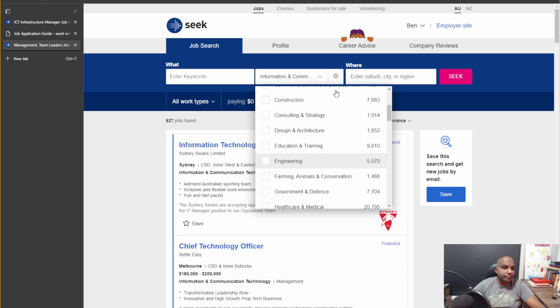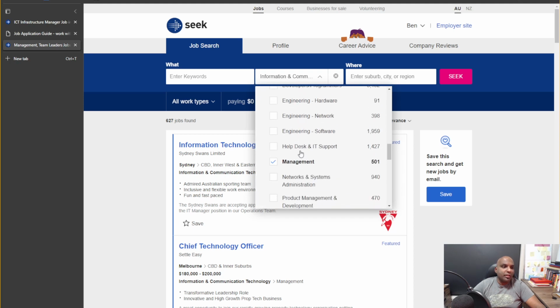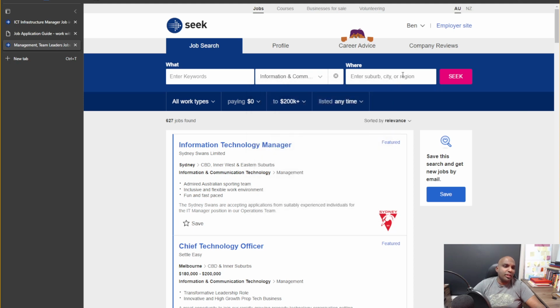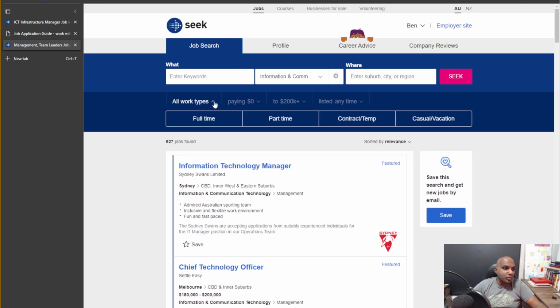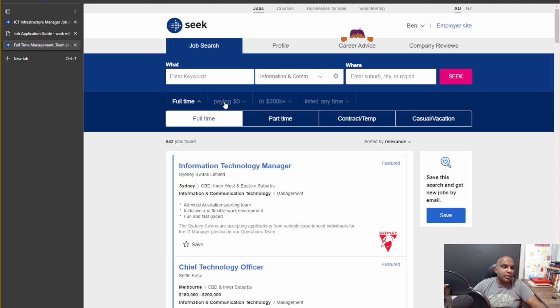So I've done information communication technology, and I've done management and team leaders. I haven't put any city or suburb at this stage. Obviously when you're applying, you'd be looking at that, unless there are jobs that are remote. I can probably do full-time if I'm looking for full-time.